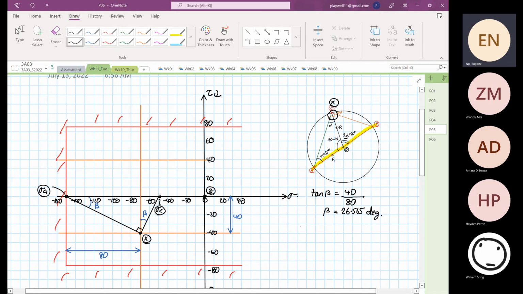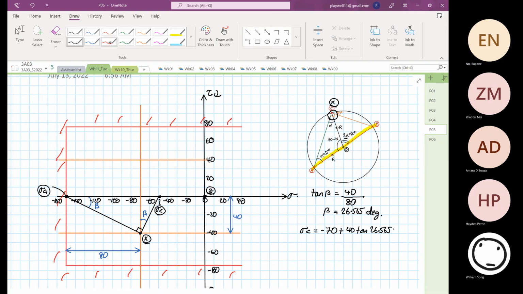So we know that stress C is equal to minus 70, and then plus 40 tangent 26.565. Sorry, plus is going towards the right hand side. What we are trying to find is this distance over here, I'm going to draw in red.